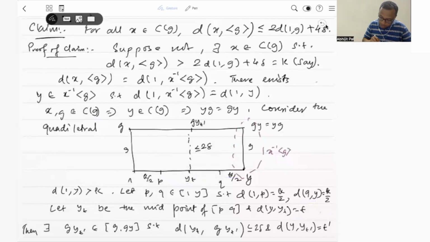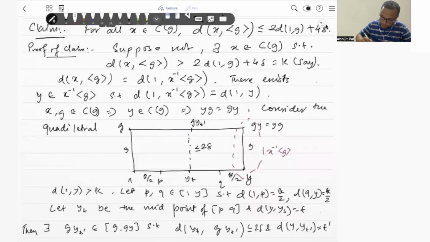Okay, so now observe that there exists gyt prime in the geodesic joining g and gy such that the distance of yt to gyt prime is less than or equal to 2 delta. So how can you do this?